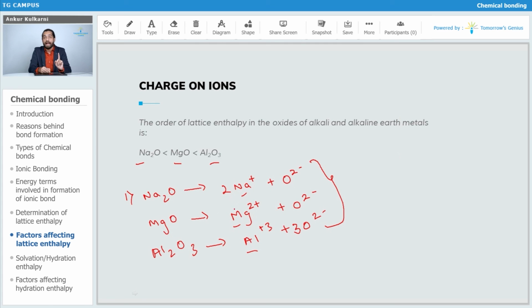So we can say that you have Na2O, which is least, followed by MgO, which is second, and then the highest enthalpy due to the maximum charge is Al2O3. I hope this is clear. So remember, charges are always very important. The more the charge, the more the lattice enthalpy, and such a question can come in the exam to arrange molecules or atoms in increasing or decreasing order of lattice enthalpy. I hope this is clear. Now let's move ahead.